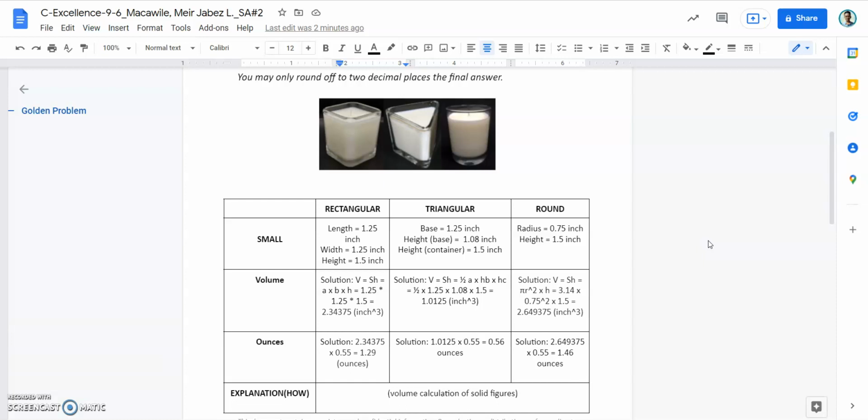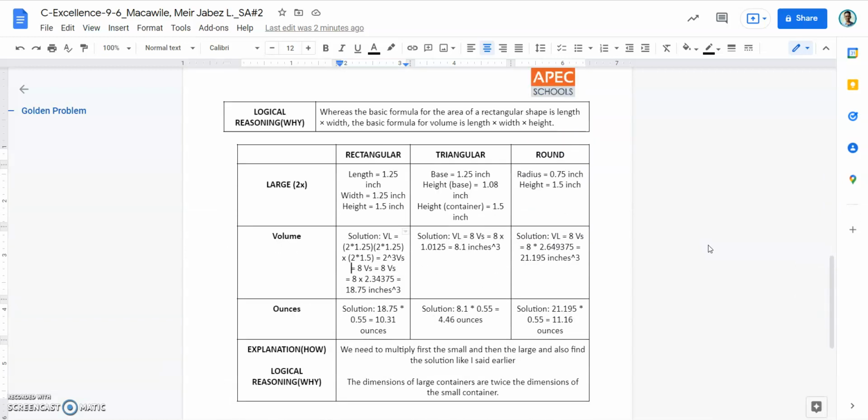Step 2, do the small first of the rectangular, triangular, round. Get the inches, the volume, and also the ounces. And also the large, which is 2 times. Again, you need to find the volume of rectangular, triangular, and round of the candle wax, and then find the final answer of the ounces.